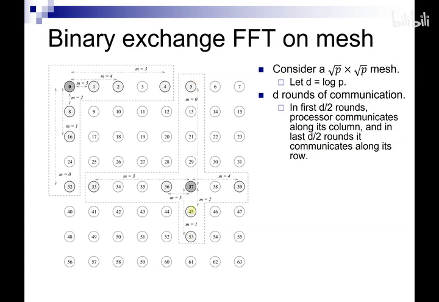So for the first 3 stages, the communication is just along the same column. And then after the third stage, you're going to talk with somebody who's distance 4, and then 2, and then 1 away, and those are going to be on the same row.